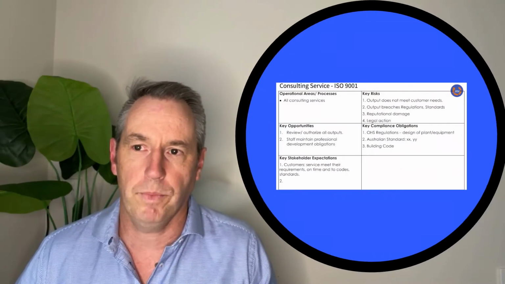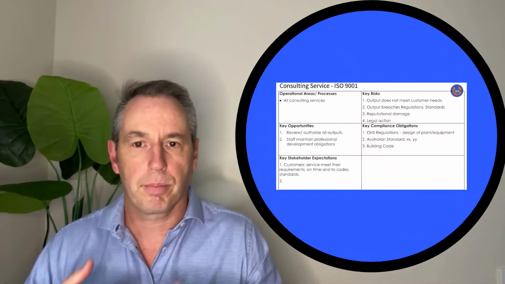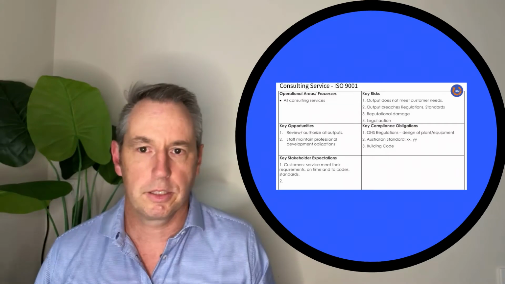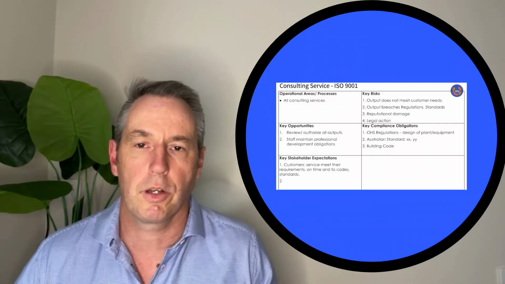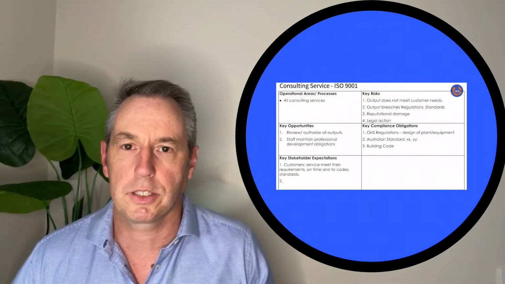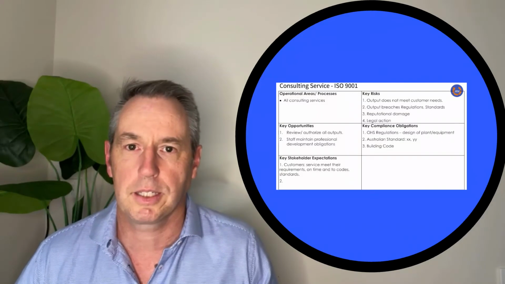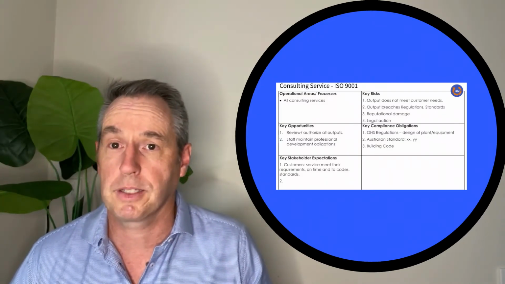So let's have a look at a second example. This is a business providing professional consulting services. It might be a design consultancy, or an engineering or building consultancy, something like that. Again, they can start to think about the scope of their system. Do they want to apply it to all consulting services and or all support parts of the business?